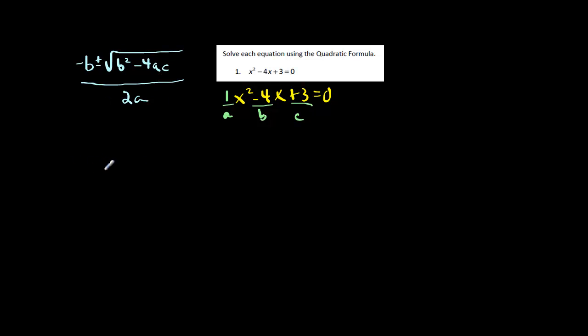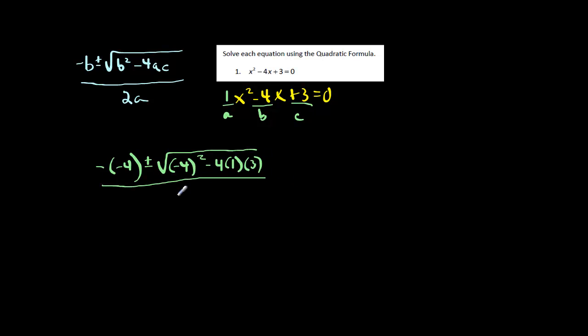When you substitute, make sure you use parentheses. So the opposite of b plus or minus the square root of b squared minus 4ac, all divided by 2a.